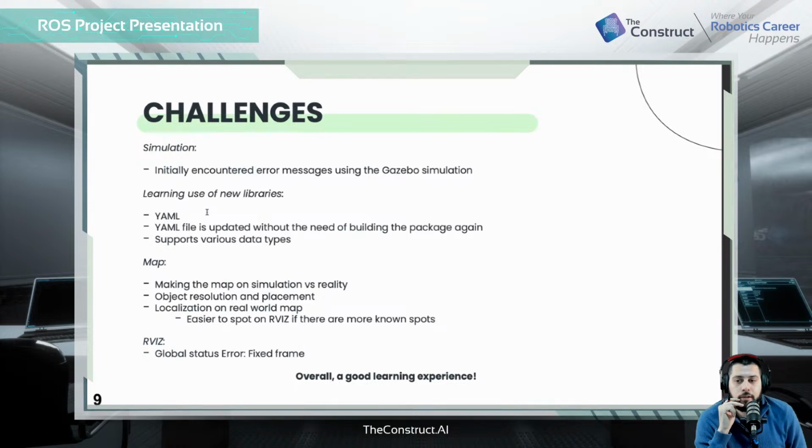So for example, right now, if I've saved the spots, however, I built the package with previous spots, while saving the spots it will update live. However, when you want to use the new spots, you have to build it again. This I learned with trial and error. It's because the files are based inside the install and log files. So you have to be careful with that. And it supports various data types, which is nice. And it's also readable, which is very good.